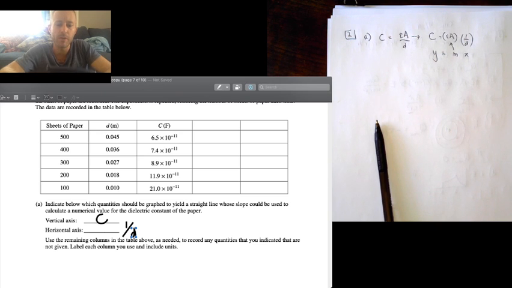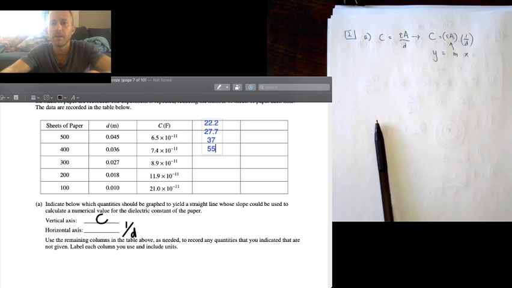1 over 0.045 is 22.2. So let me fill out my table. 22.2, 1 over 0.036, 27.7, 1 over 0.027, 37. 1 over 0.018 is 55.5.